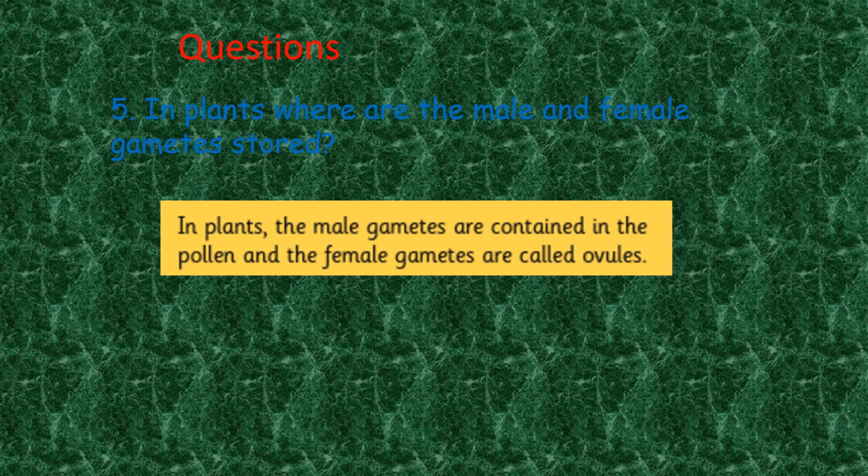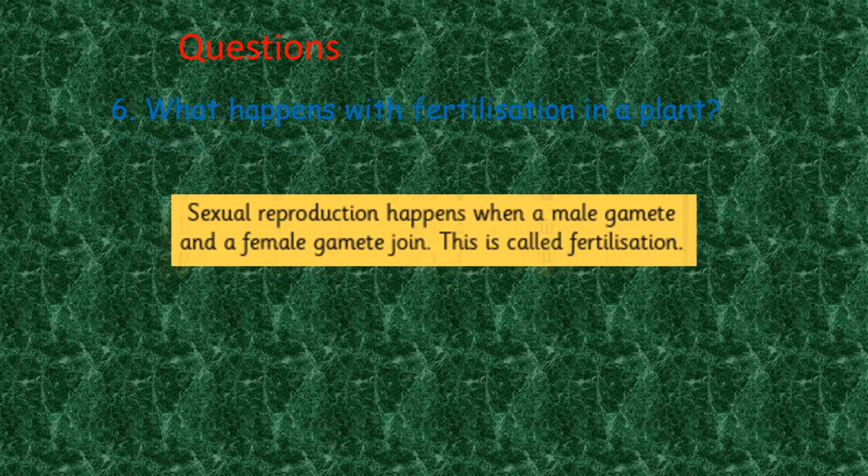In plants, the male gametes are contained in the pollen and the female gametes are called ovules. What happens with fertilization in a plant? Well, fertilization is when the male gamete and the female gamete join in the plant, and then fertilization happens so that a plant can reproduce itself.